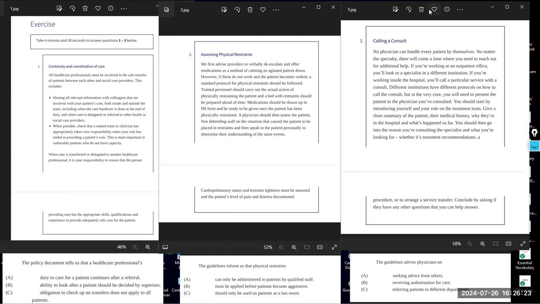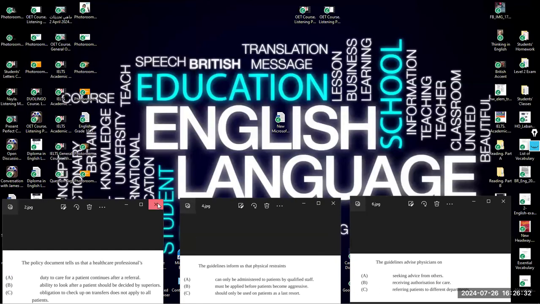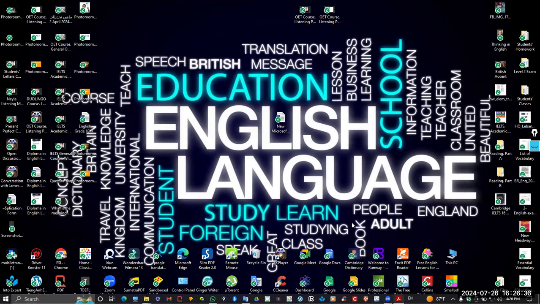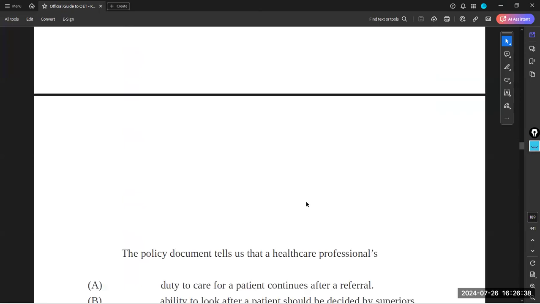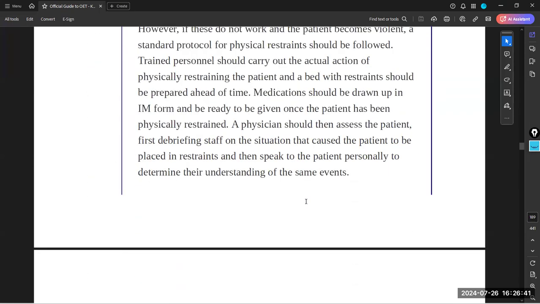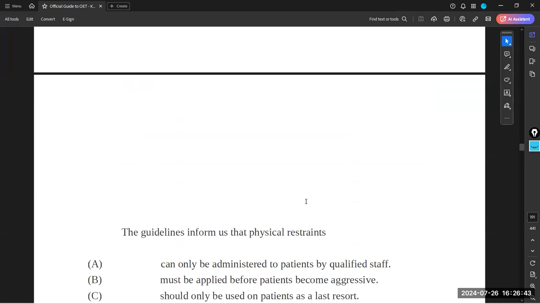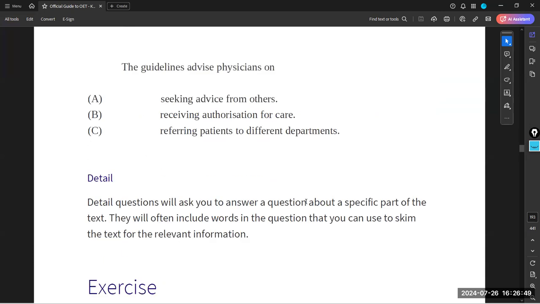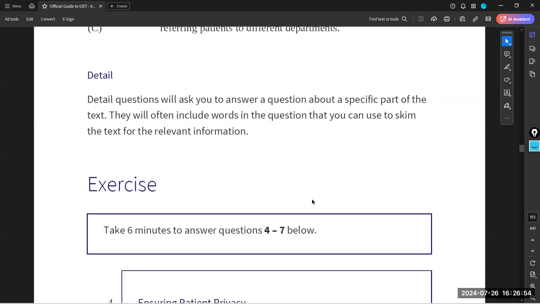Now we have to check and discuss the next type of question. So let me close all of these, because thank God, all the pictures are ready. Okay, now let's discuss the second type of questions that we have in part B. I can say till now that you are really good at listening, and now in reading, till now you are really perfect. Okay, now let's talk about detail.